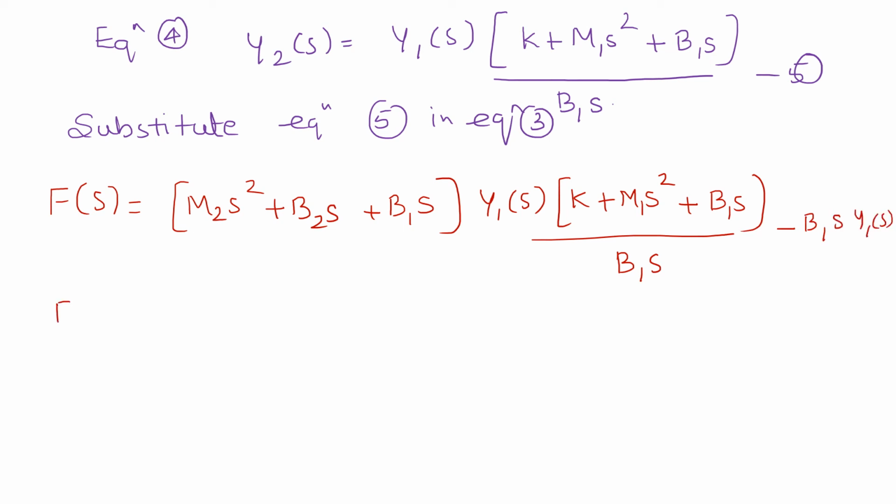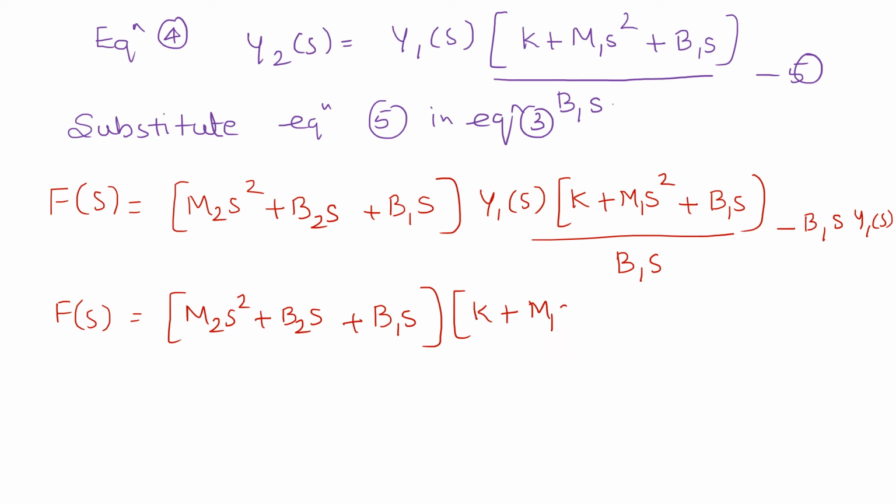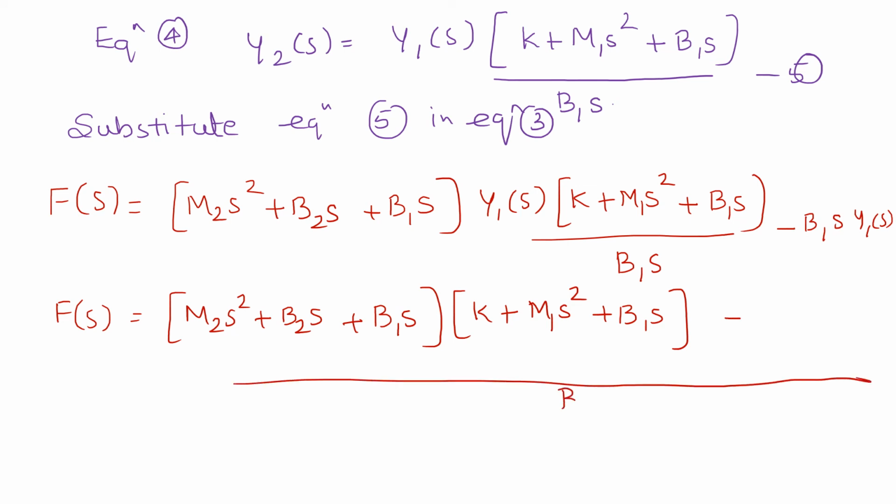So, we simplify this. F(s) is equal to m2 s square plus b2 into s plus b1 into s, into k plus m1 s square plus b1 s, minus, if I take this b1 s as common, b1 square s square, into Y1(s).